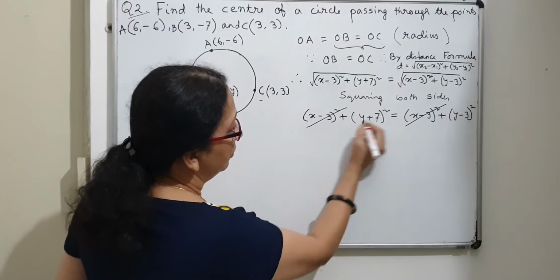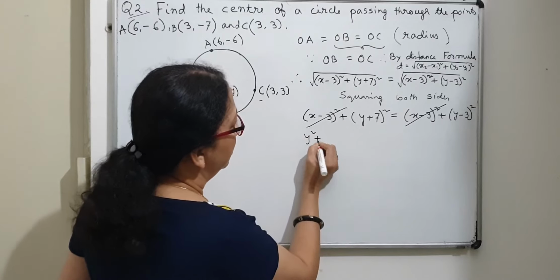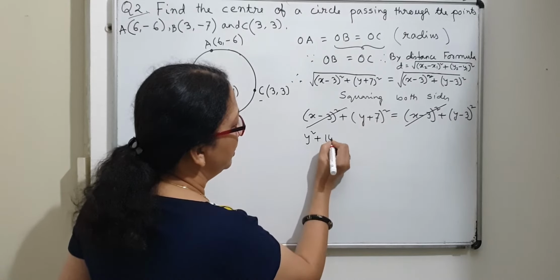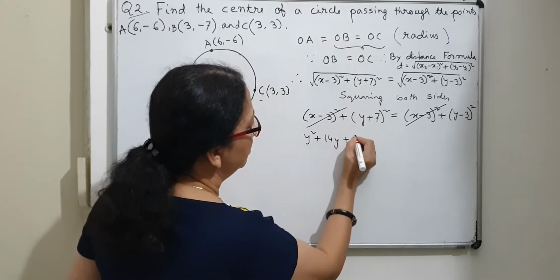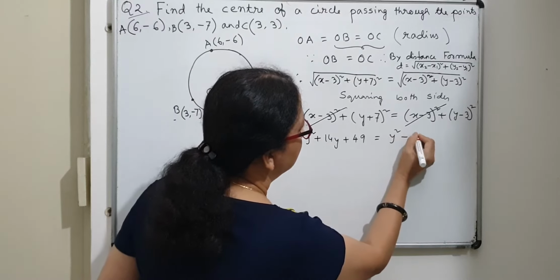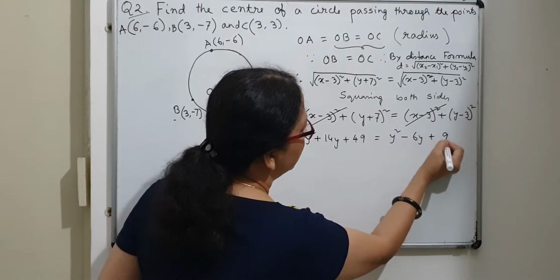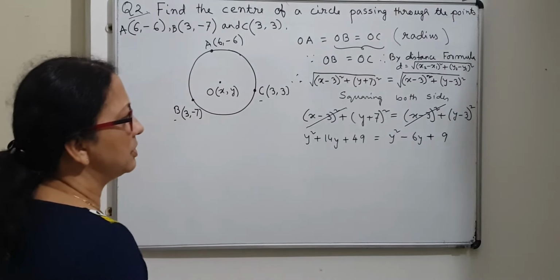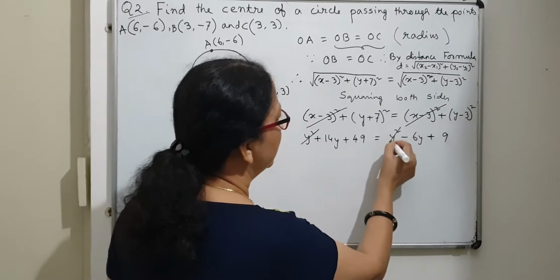Now open: y square, using the identity (a plus b) whole square, 7 twice is 14y, plus 49, is equal to y square minus 6y plus 9, using the identity (a minus b) whole square. So y square gets cancelled.